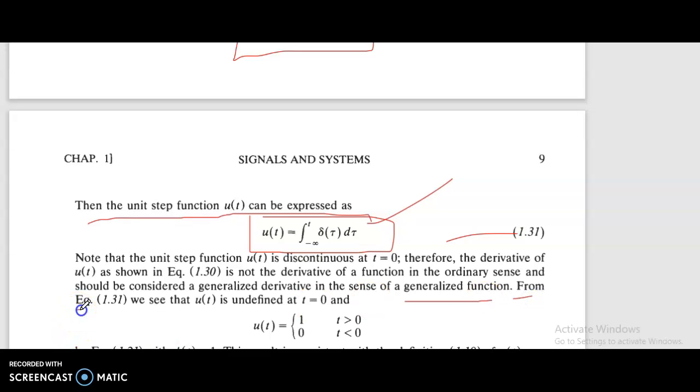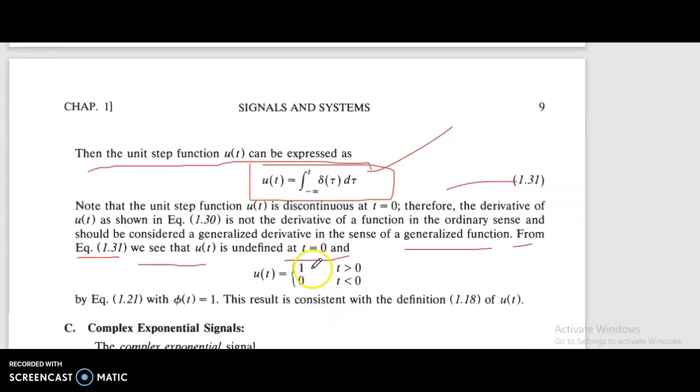From equation 1.31, we see that e(t) is undefined at t equal to 0, and e(t) equals 1 when t is greater than 0 and 0 when t is less than 0, by equation 1.1 with phi(t) equal to 1.